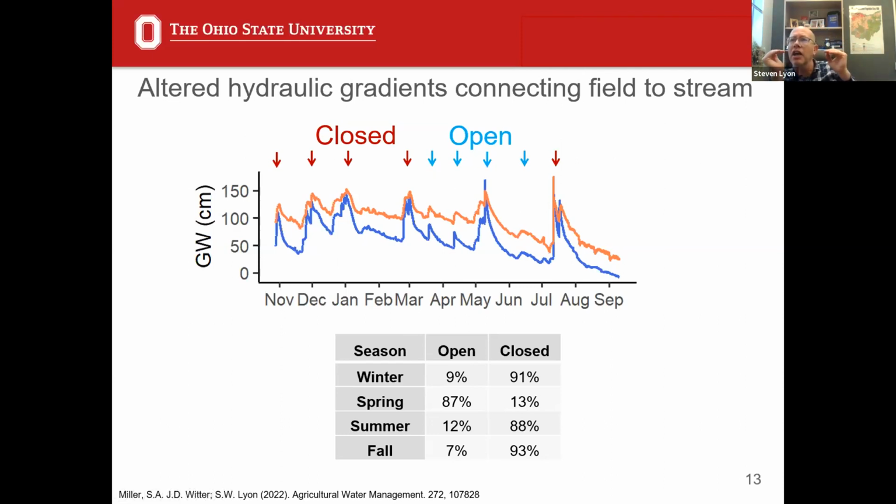And when these two lines are far apart from each other, there's a gradient, there's a push of water from that farm field towards the tile drainage system. However, when those two lines get close to each other, that gradient is shifted to a different direction, and the water wants to drain from that farm field through the edge of the field. So the tile drain is not responding or not draining out that system as well. So we're seeing a shift in how that system wants to drain out.